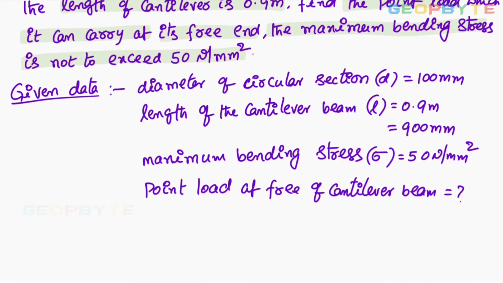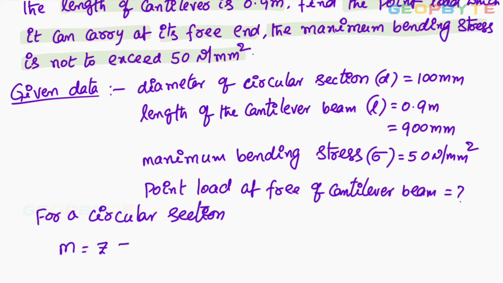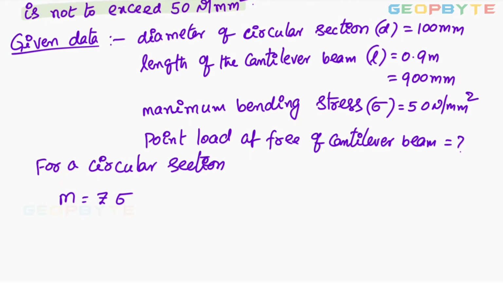You know, for a circular section, M equal to Z into sigma. For a circular section, Z equal to pi by 32 into D cube.